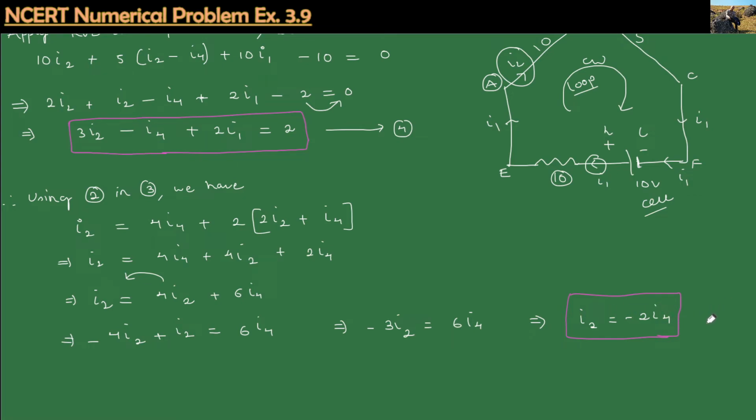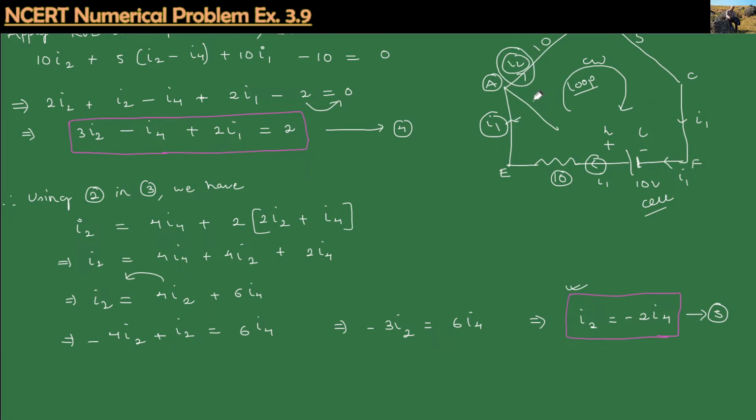So let us mark this as equation number 5. Next, we have determined I2. Originally we have this is the current I1, and this is the current I2.